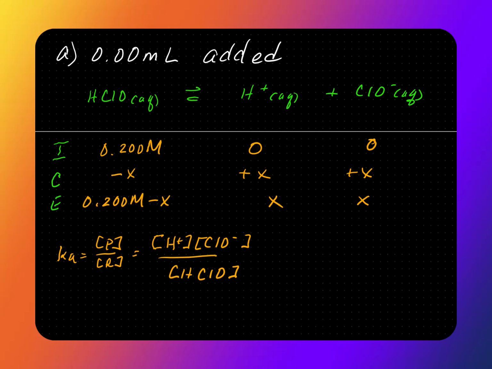Plugging in the numbers for the equilibrium value, that's going to be X times X over 0.200 molar minus X. The Ka given for HClO is 2.9 times 10 to the negative 8th.